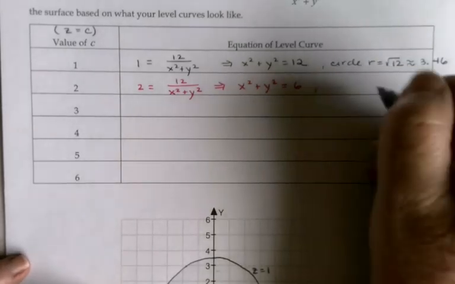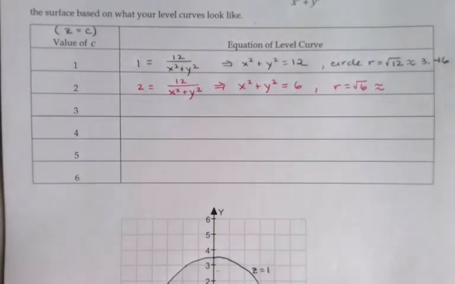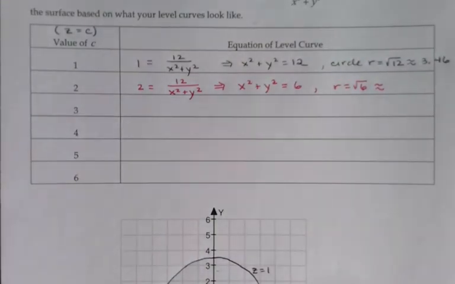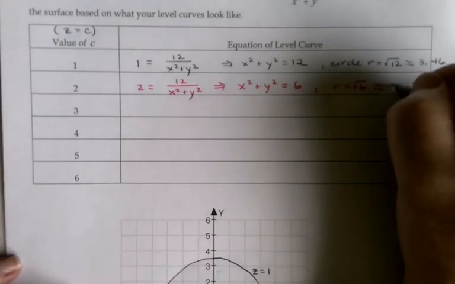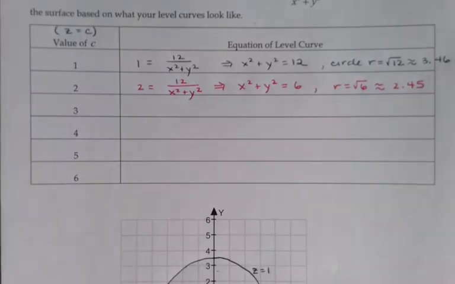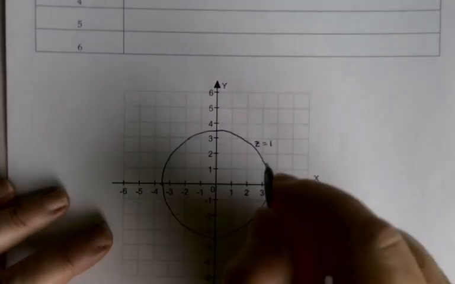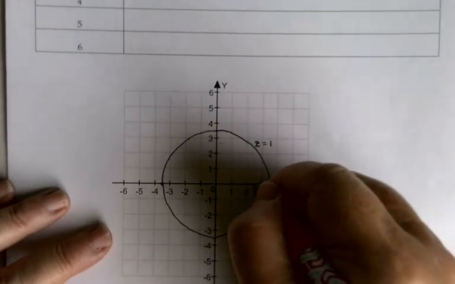So once again the circle, but this time the radius would be the square root of 6, which is about 2.45. So I have another level curve that's a circle, but with a smaller radius. Let's sketch that one. So just under 2.5 this time.